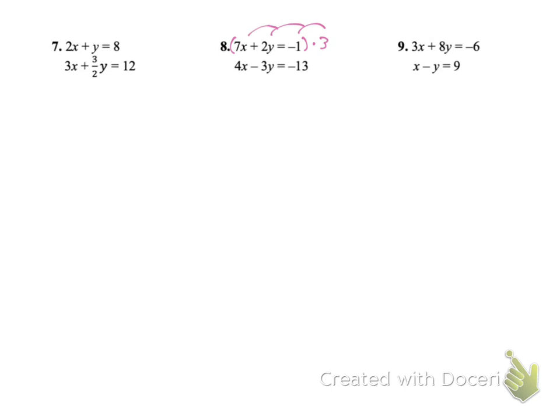So give me 21x plus 6y equals negative 3. All right. And so what would I multiply the second equation by? 2. That would give me 8x minus 6y equals negative 26.